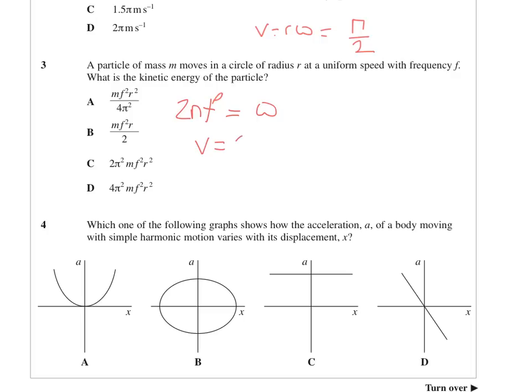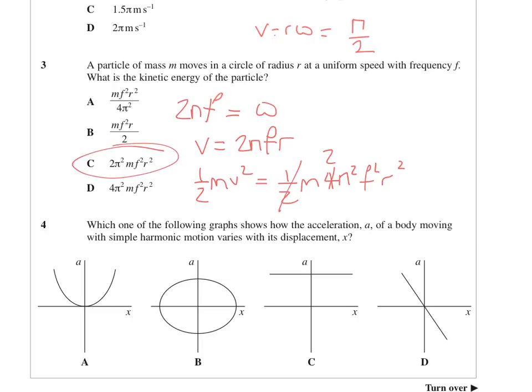So v is going to be 2 pi f r. So the kinetic energy is going to be half m, 4 pi squared f squared r squared. So that's going to cancel with that, leaving you 2. So we end up with 2 pi squared m f squared r squared, which is option C.